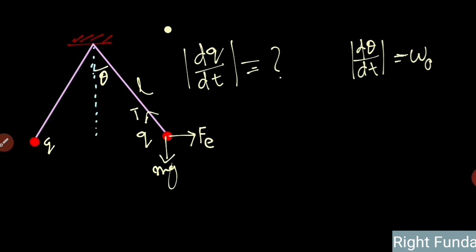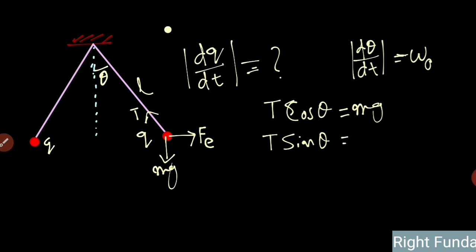I can apply Lami's theorem also, or I can resolve the forces: T cos θ is balanced by mg, and T sin θ is equal to Fe. If I divide these two equations, I get tan θ = Fe/mg. And what is the value of Fe?